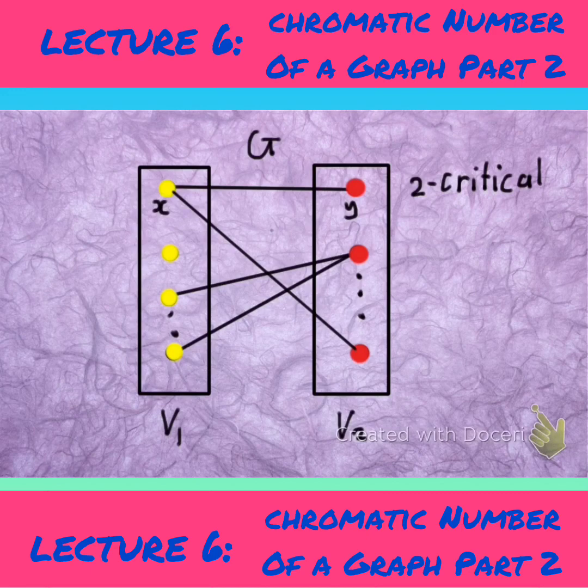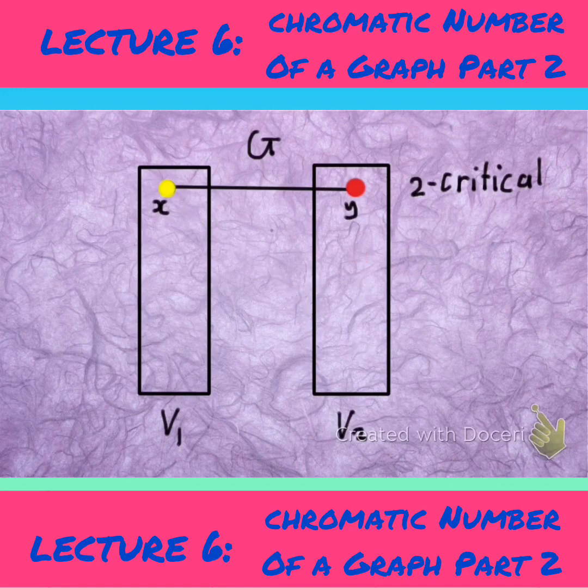Now, can we have vertices there and vertices there? What happens if I delete all of that? Well, the resulting graph is still going to have chromatic number 2.